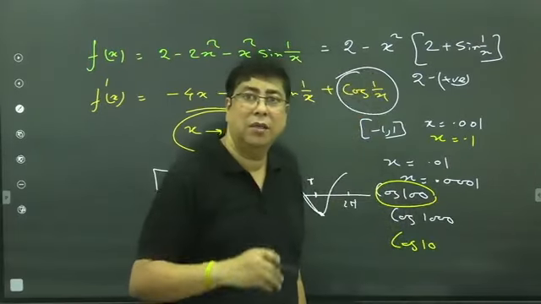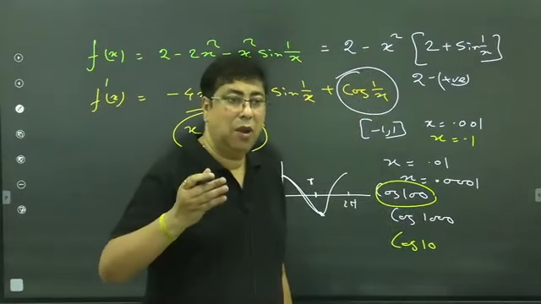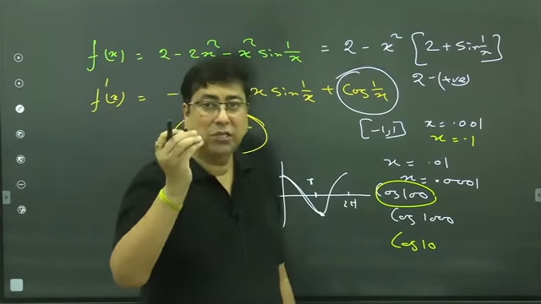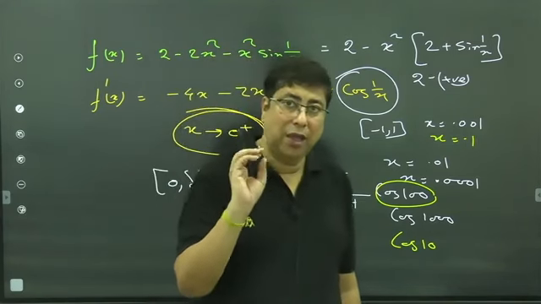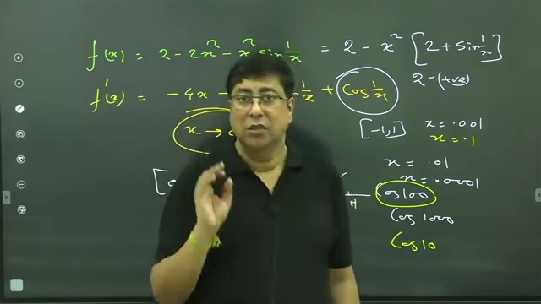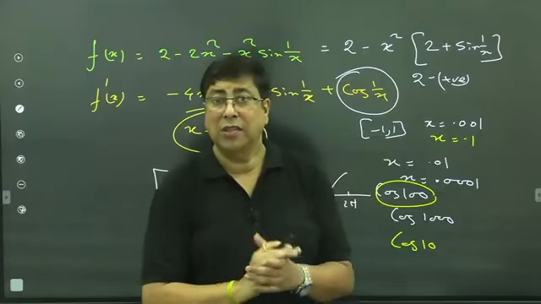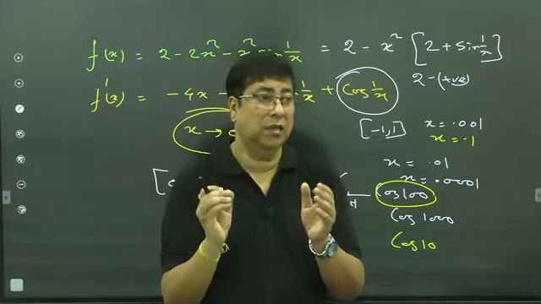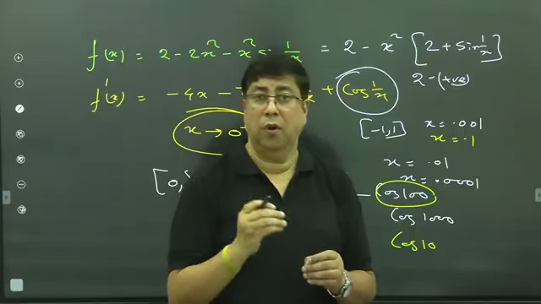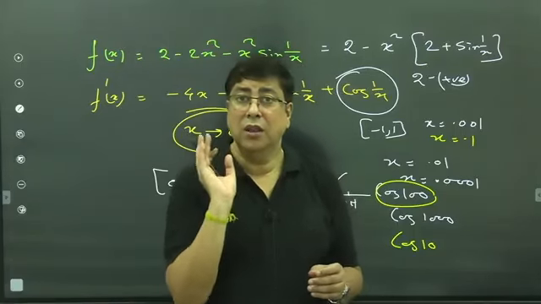From 10 to 100, how many? Cos theta is 6 point something, so approximately if I take it 6, it is a 90 difference. 90 difference means almost 13 to 14 cycles.